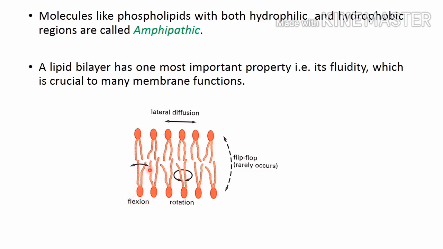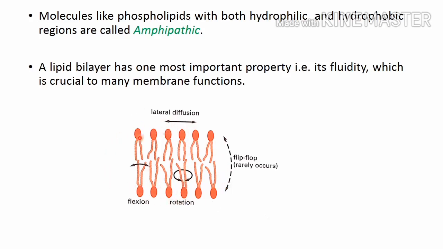Besides this, these phospholipid molecules can interchange their space with each other in the same plane, and when these phospholipid molecules move from one plane to another plane, that is known as flip-flop. So the properties of these phospholipid molecules are lateral diffusion, flip-flop and rotation, flexion.